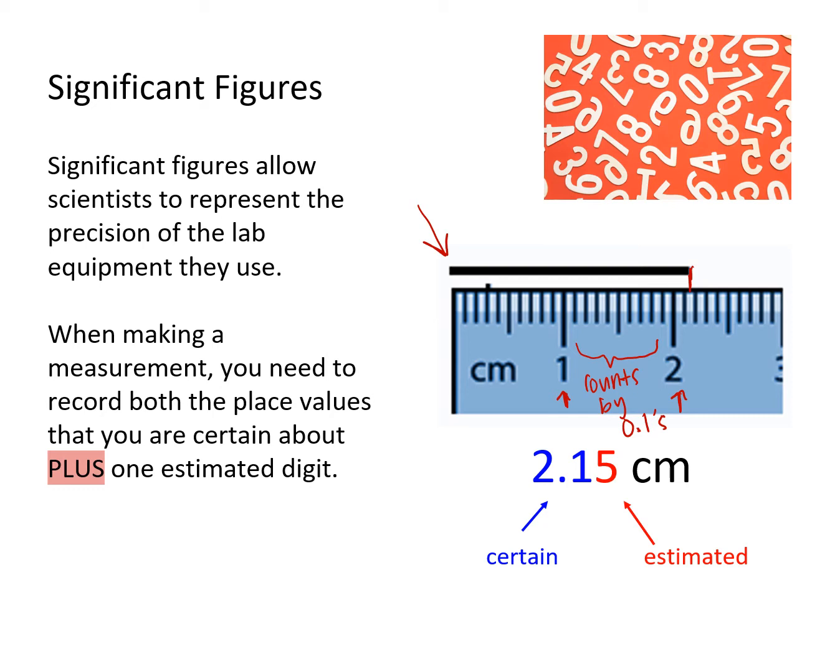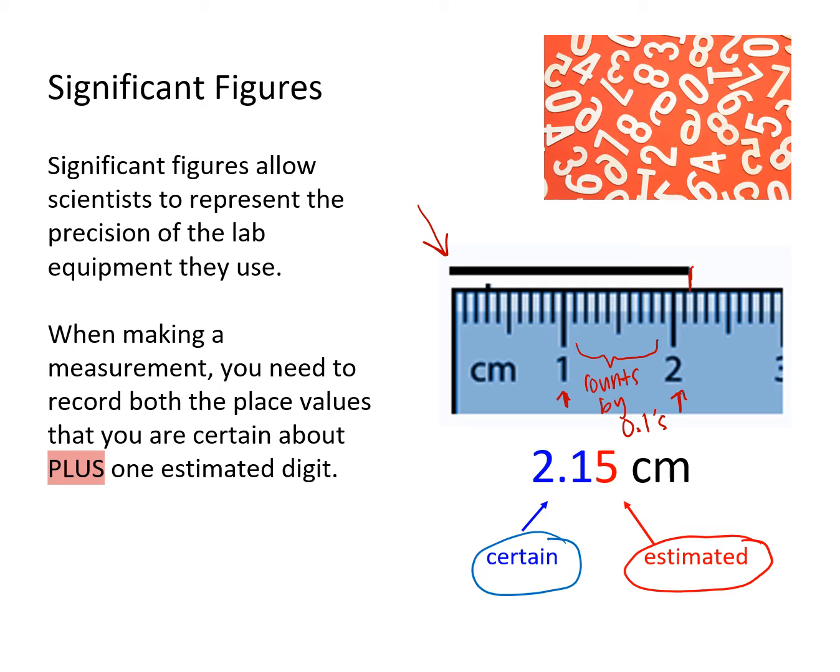So for every measurement, we want to record what we are certain about. So I'm certain that I have 2.1, but we also want to include an estimated digit. So we want to estimate one beyond what we can see. So I can see to the 10th place, I need to estimate one digit or one place value beyond what I can see.